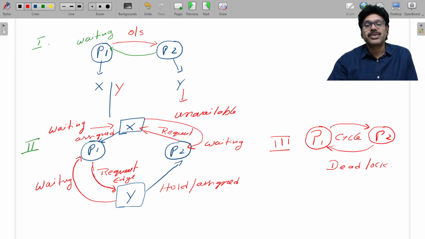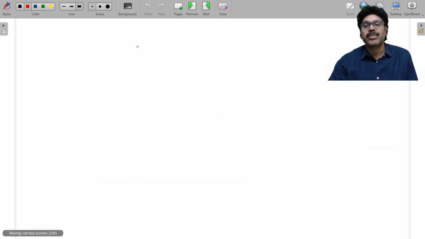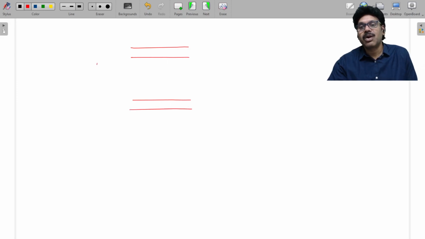Now, you can also take a real-time example. There is a four-corner road. Vehicles are passing in a single direction.